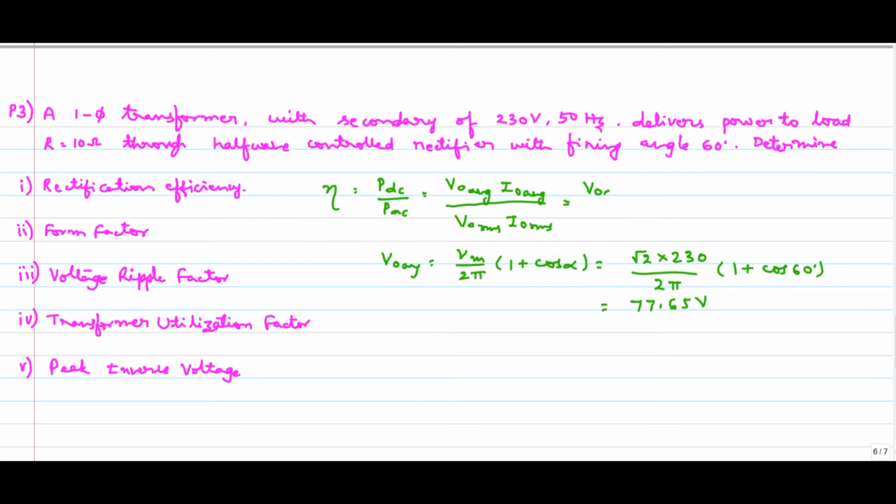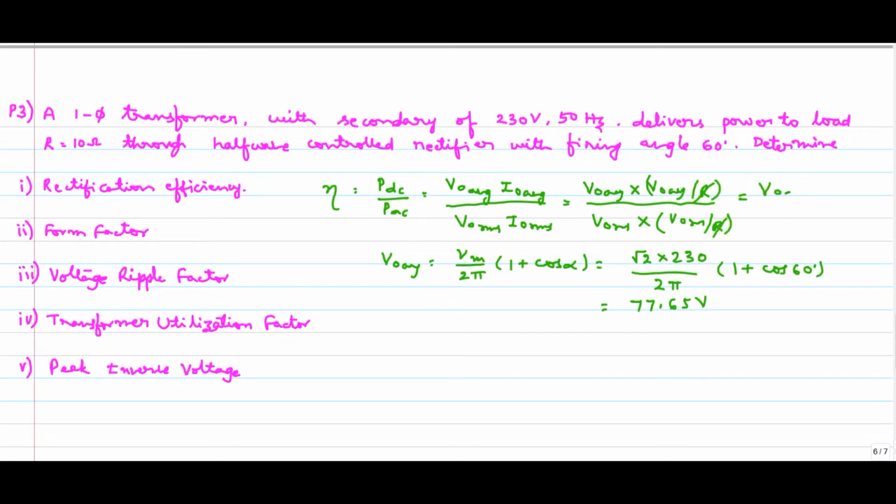It can also be written simply such that efficiency is V naught average into I naught average, where I naught average is V naught average divided by R, divided by V naught RMS into V naught RMS divided by R. R gets cancelled.